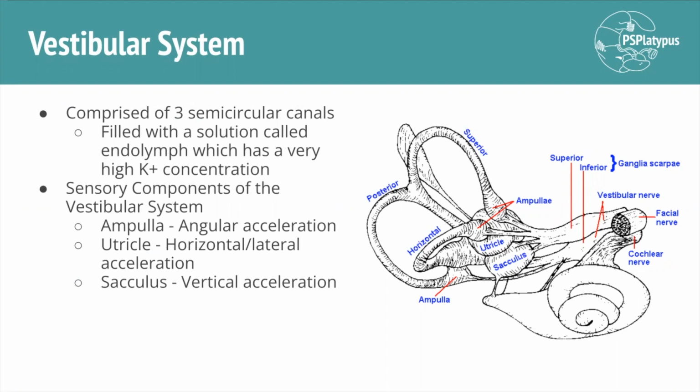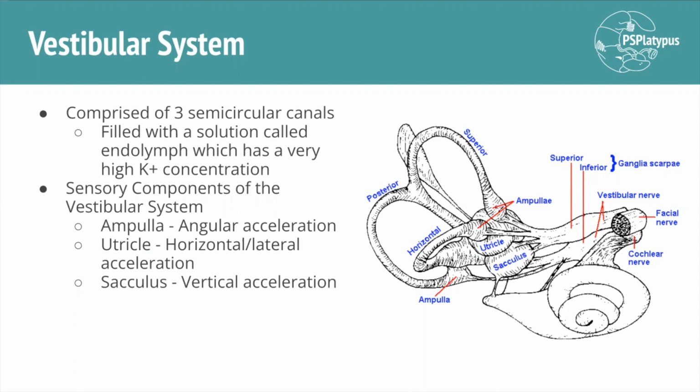Basically, how this is done is that these canals are filled with endolymph, which is the same endolymph that we find in the cochlea, and it has a very high potassium concentration. But basically, it sloshes around based on where the head is moving, and therefore, we're able to detect movement based on being able to convert this sloshing mechanical movement into an electrical signal that the brain is able to process.